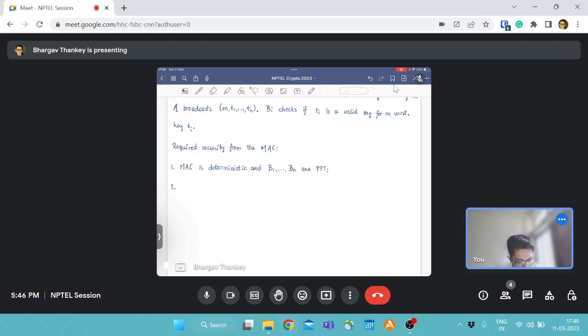You can think about this while I write the other cases down. And the third case is B1 to Bn are computationally unbounded.